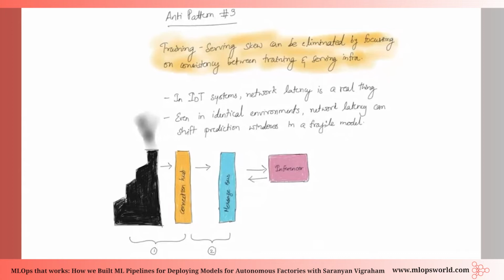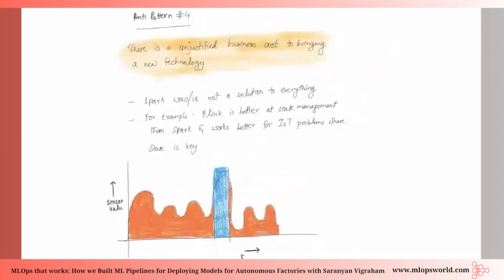Another thing that we noticed was, as we were very heavily invested in Spark, everything for us was Spark based, and it seeped into every aspect of our system. But Spark was not good for everything for us. For instance, Flink is very good at state management, and we started experimenting with it to understand if we could leverage Flink.